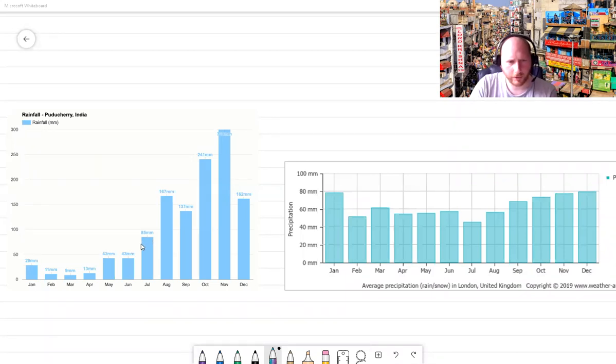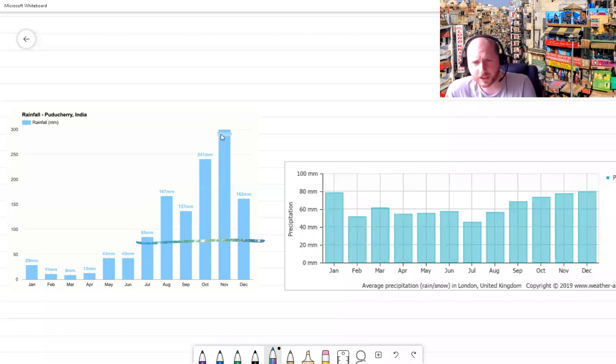So if our 80 millimeter line is about here, roughly, there we go, that's about as wet as it gets in London. As we can see, during November, down in the south of India, it gets quite a lot wetter, much, much wetter indeed. So that's what we call the monsoon, when the rains come down.